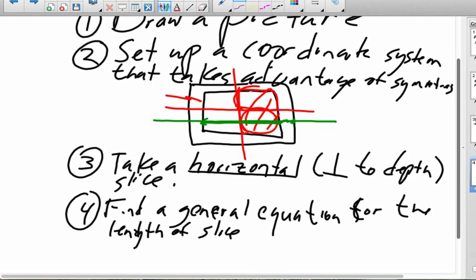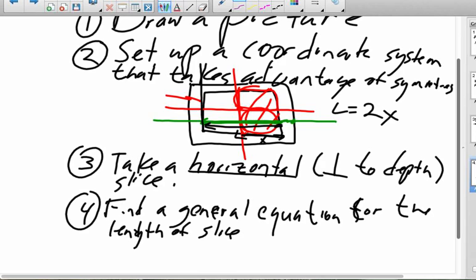In other words, here to here is going to be my L. And in this case, the way we have it set up, my L from here to here is going to be x. So my L is going to be 2x.